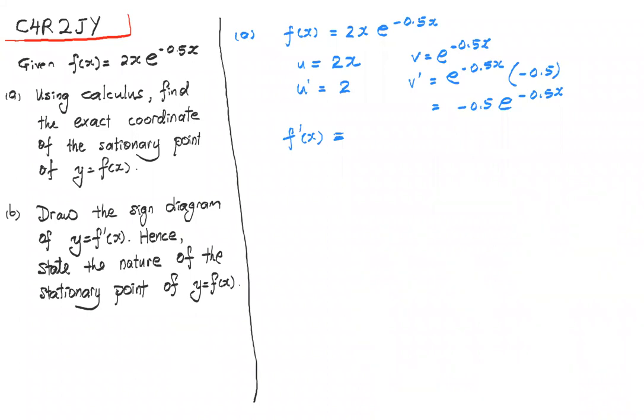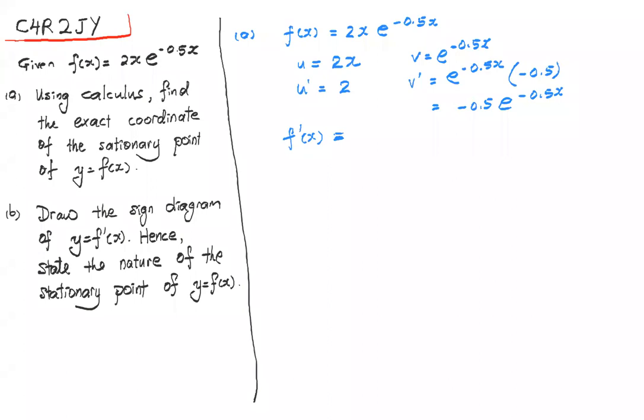Can someone tell me? It's because you want to find the stationary point. Yeah, why for stationary point must I find f prime x? Because when it's a stationary point, there's no rate of change. The rate of change is 0. Thank you. You see, whenever a teacher is doing something, you should know.